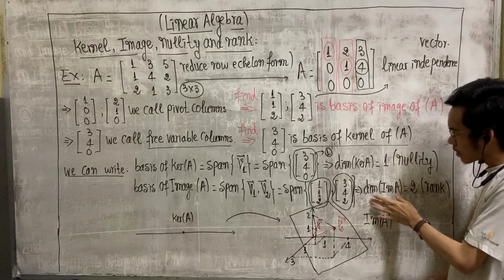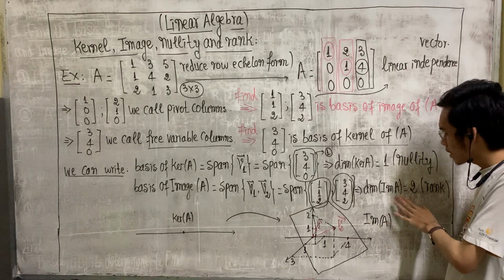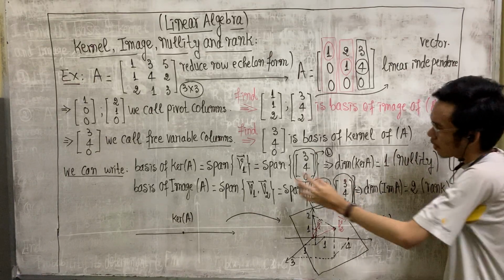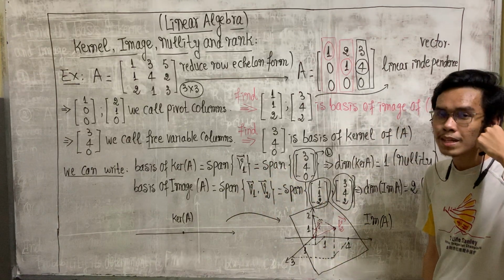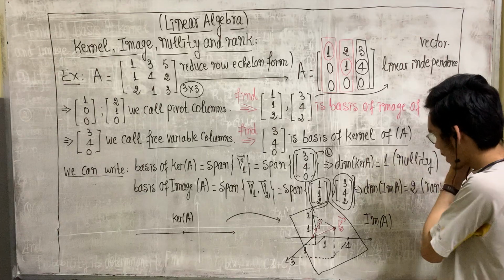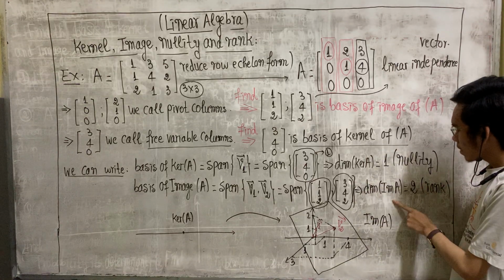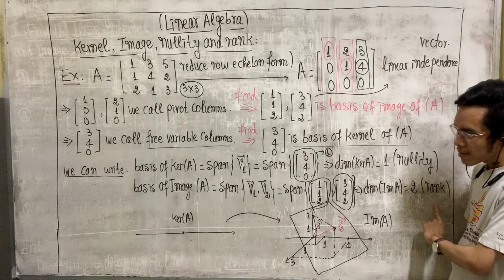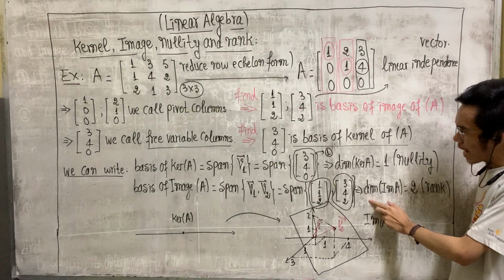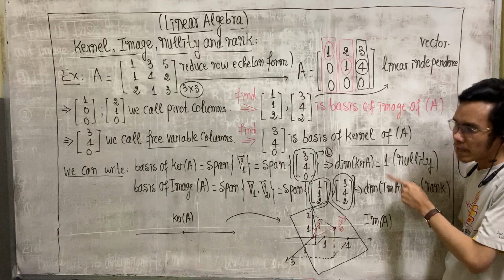The dimension of the image of the matrix A is equal to 2 because the vectors v1 and v2 are linear independent. We call the dimension of the image the rank. So the rank of the matrix is the dimension of the image of the matrix A.